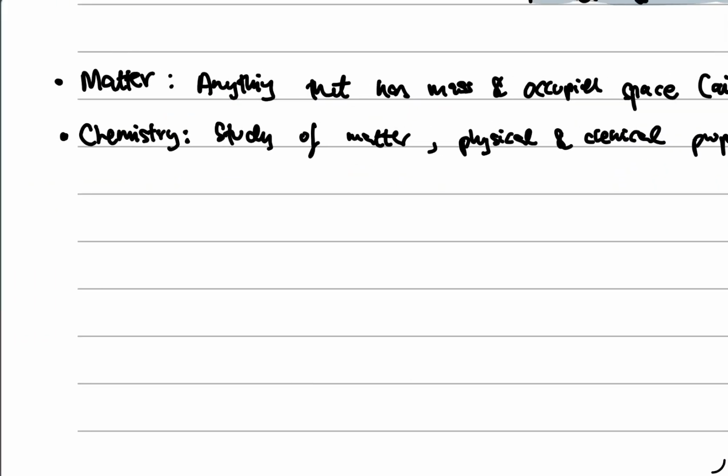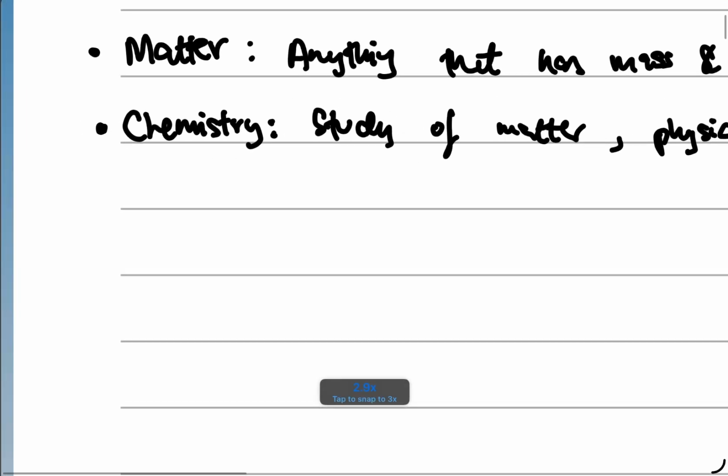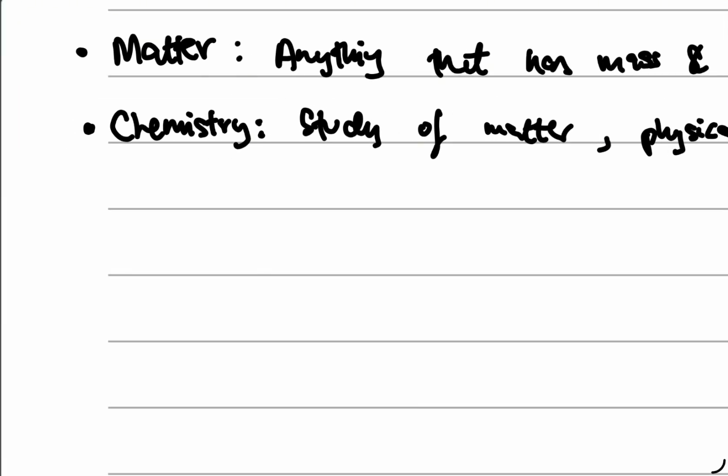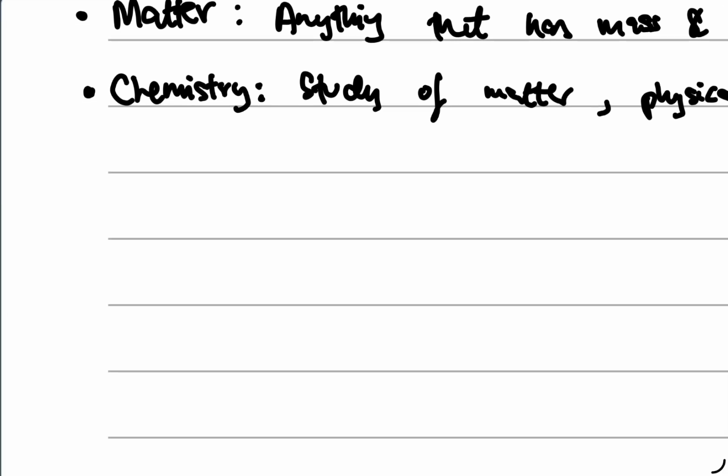Okay, now let's just talk a little more about matter. We said that it's literally everything. So for us to help classify it better and make studying it a bit easier, we use chemistry. Chemistry is the study of the characteristics of matter, and the characteristics are defined by classifications.